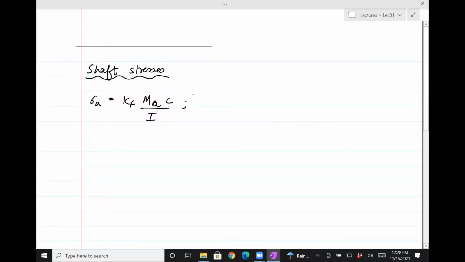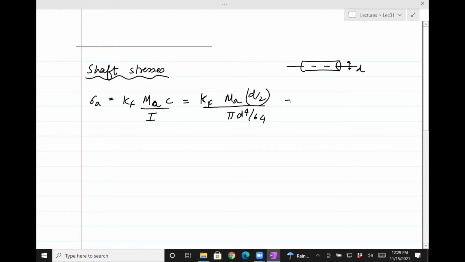What I'm going to do is try to simplify this first, so the moment doesn't change. We're looking at a shaft of circular diameter D. So C, the distance from the neutral axis, is D divided by 2, and the moment of inertia is pi times D raised to 4 divided by 64.